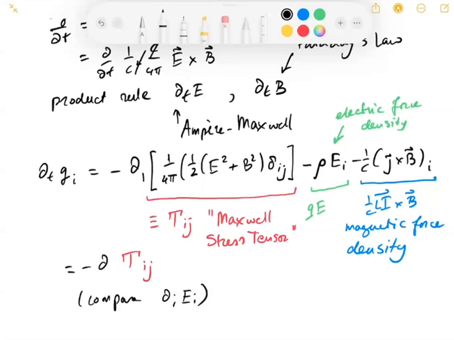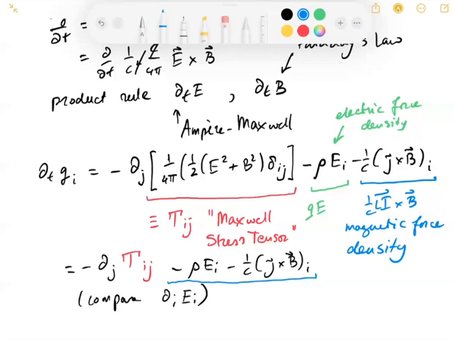Yeah, that's J, and that's a J. And that's, unfortunately, the J, the index, not J, the current density. We use J twice in this expression, unfortunately, cannot be helped. Okay, so this is some kind of a divergence of this mysterious object that we call the Maxwell stress tensor. And then minus that rho EI, and minus the 1 over C J crossed with B, and then the ith component.